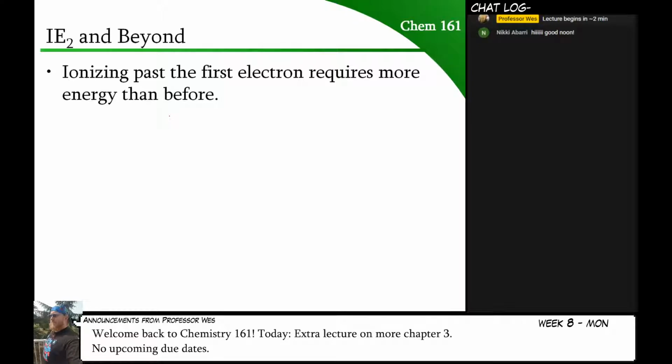What does it mean to ionize 2 or 3 or 4 electrons in terms of the structure of this system? Well, every time you pull an electron away from something, we'll draw a little picture here. So here are my electrons. And let's suppose that I ionize one away.